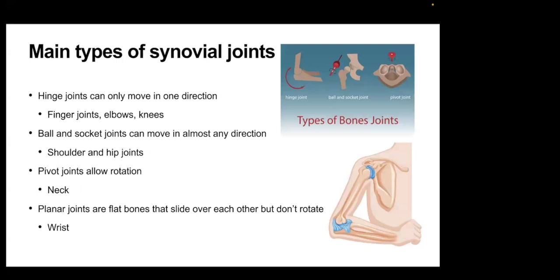Okay. So the main types of synovial joints: we have the ball and socket. It is the one that gives us the most range of motion. The most common is the shoulder. It gives us significant range of motion, but it's also one of the least stable areas.